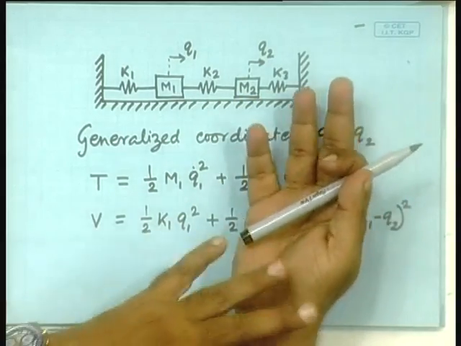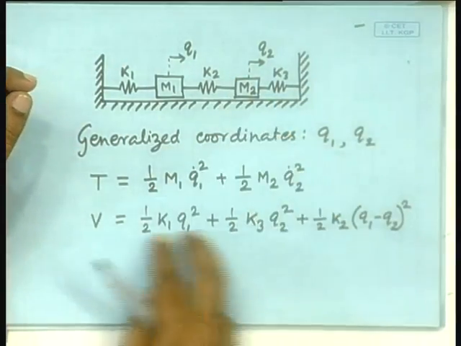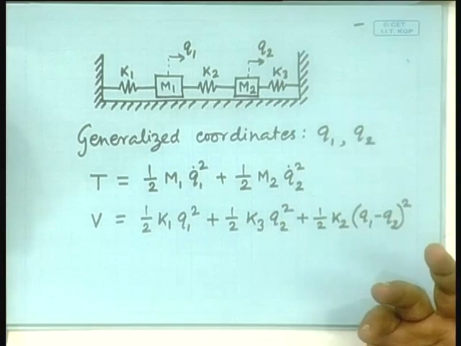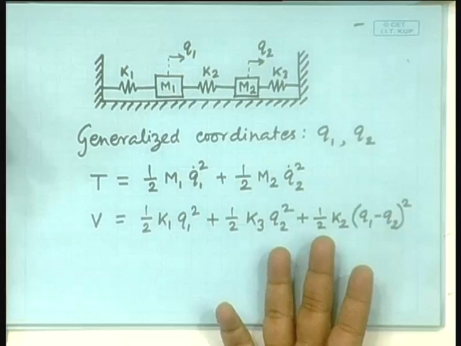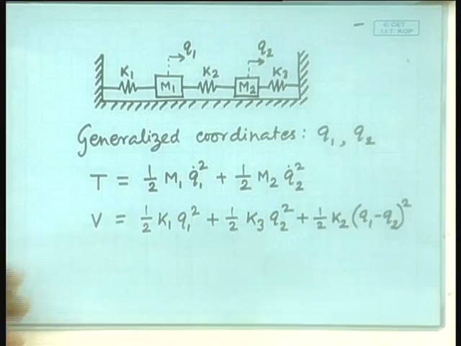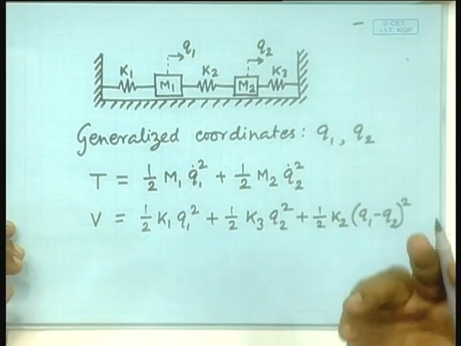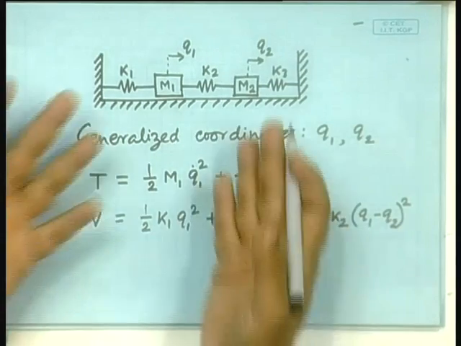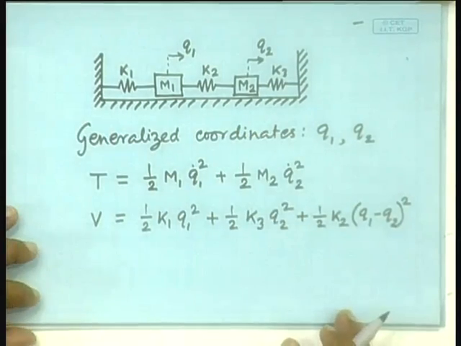You could assume anything otherwise. What will happen is that these will have some constant terms which on differentiation will vanish, but this is an easy way to write, that is why we assume that way. So, her question was, where do you assume the datum? We could assume it anywhere, but that would be a convenient way of doing it.